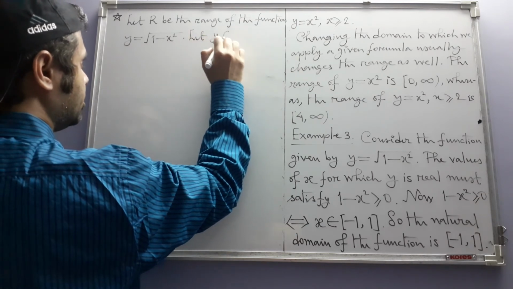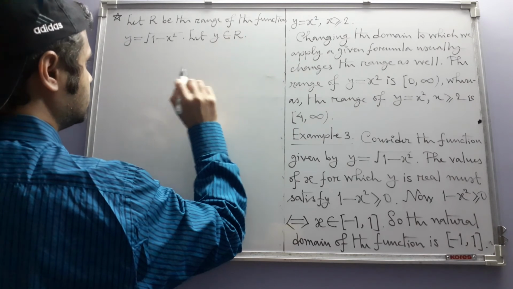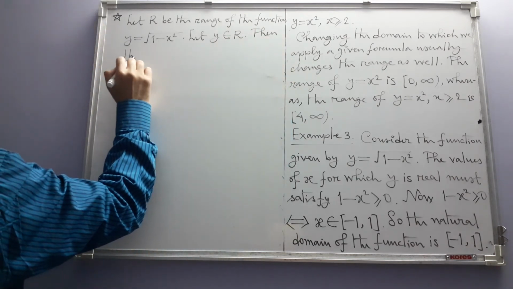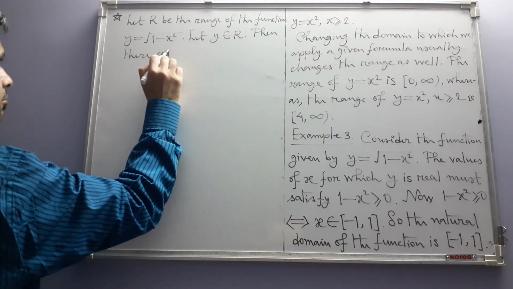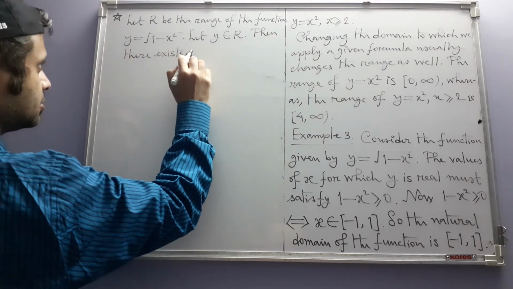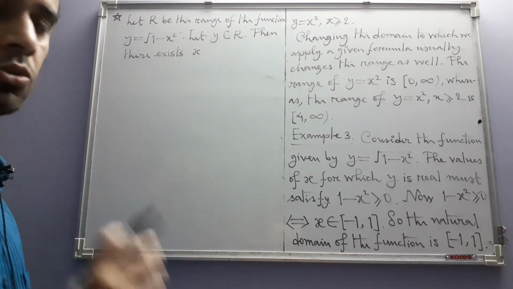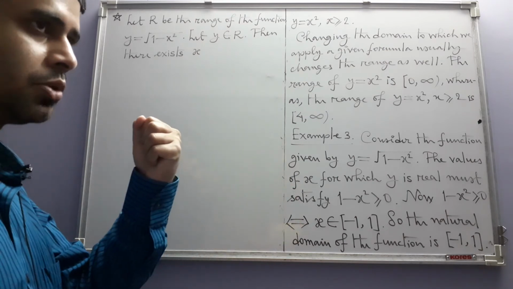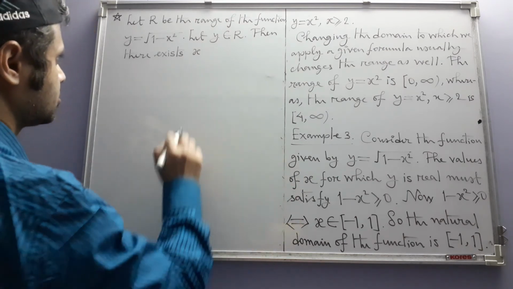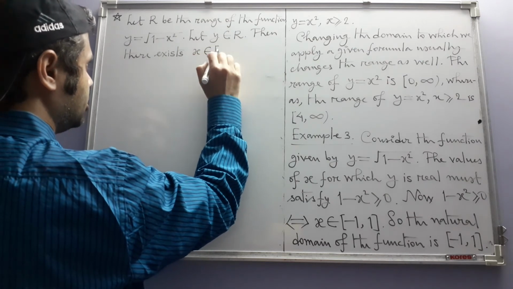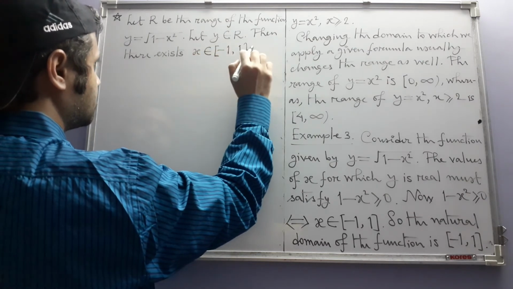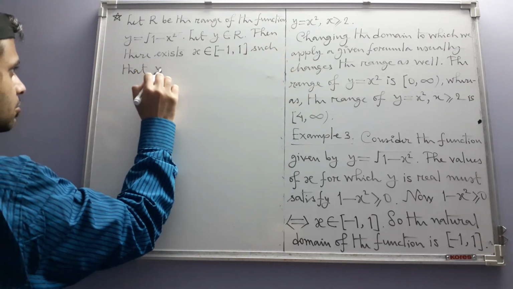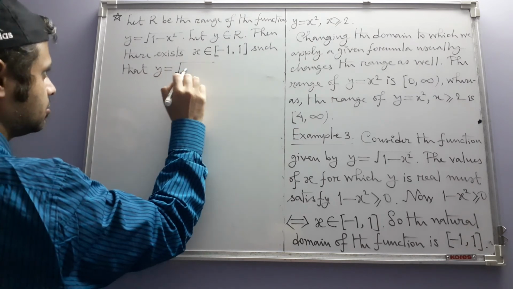Let y be any element in R. Then y, of course, is an output, since it belongs to the range, so it has become an output because of some input x. So there exists x in the domain such that y is equal to this.